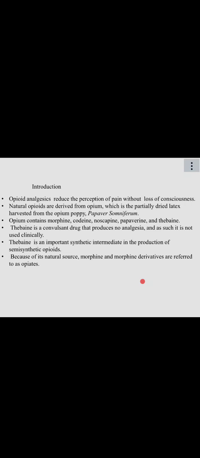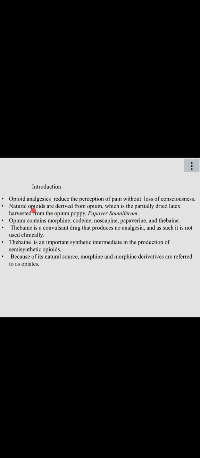These ones basically just reduce pain. The natural opioids are derived from opium, which is a partially dried latex harvested from the opium poppy, Papaver somniferum. It's important for us to note that the initial lead compound, that is morphine, is naturally produced.